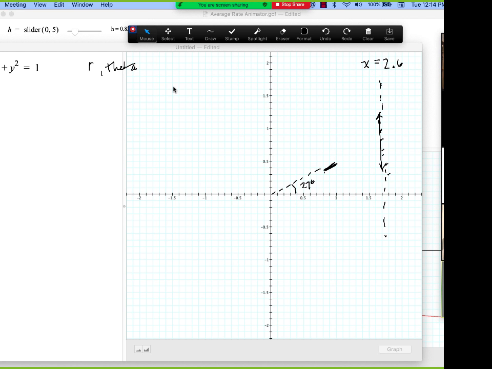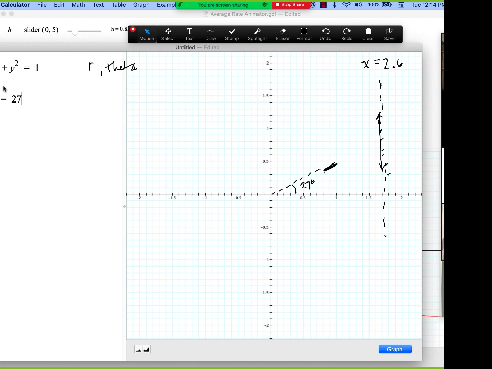And if so, what angle? 27. 27 degrees. So theta equals 27. Now it's expecting radians, so what?